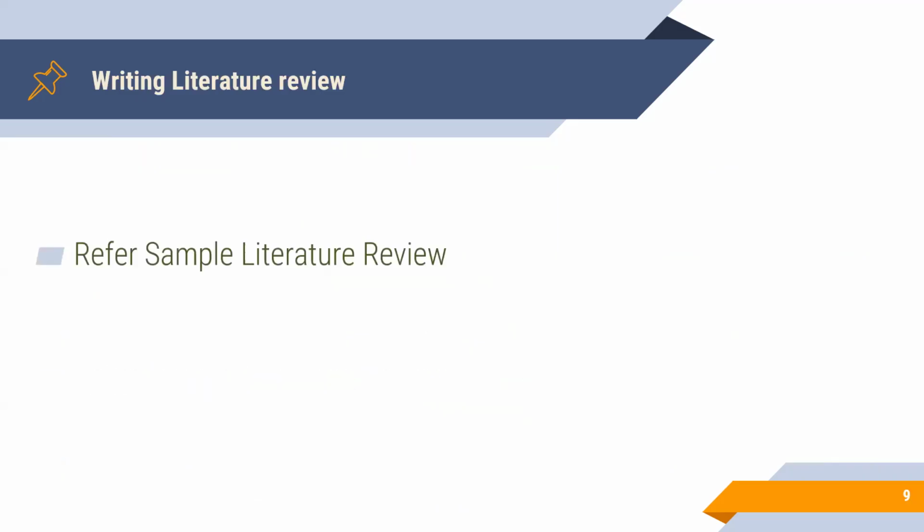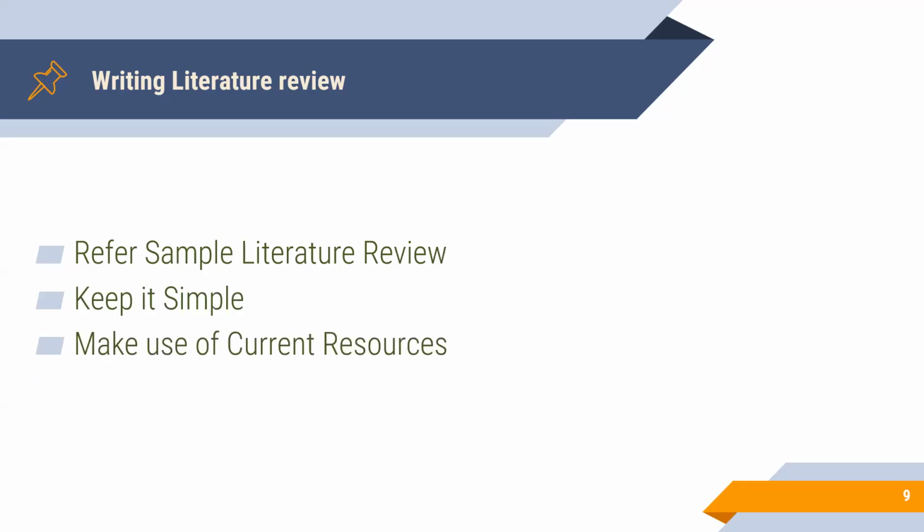So the writing literature review. So refer to sample literature reviews before writing your literature review. Before you start your literature review section, refer to sample literature reviews done by other scientists or colleagues. Then keep it simple. The literature review should be kept as simple as possible so that you are not making a jumble of the ideas.